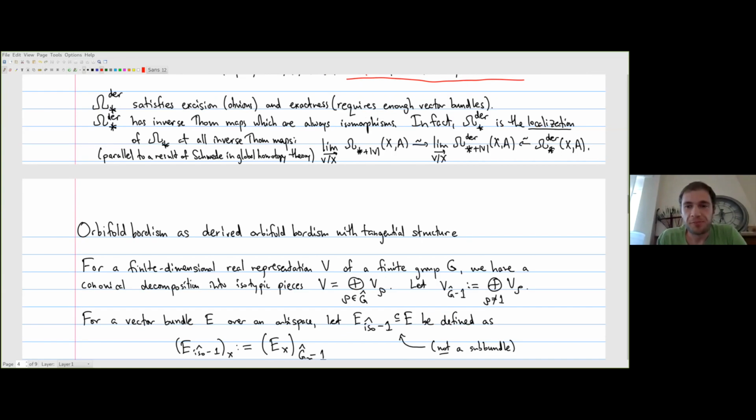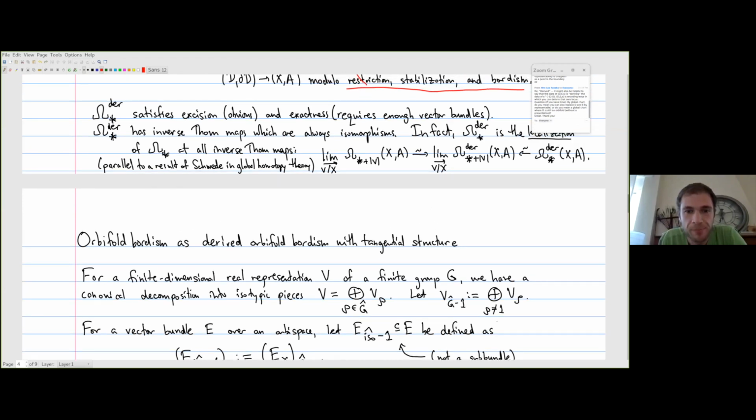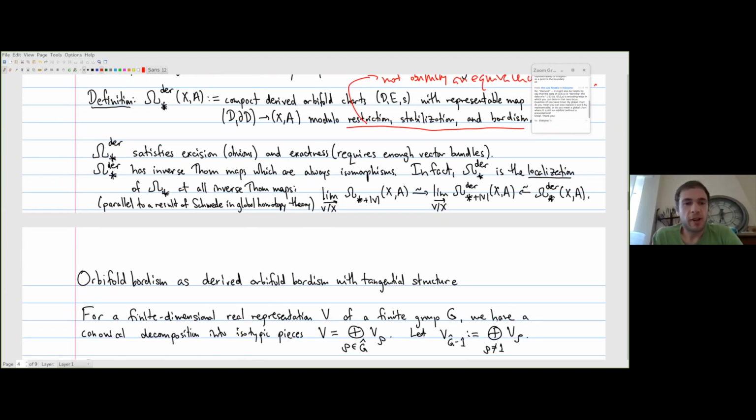Okay, now I have to get my scrolling back. For a finite dimensional real representation of a finite group, we have a canonical direct sum decomposition into pieces indexed by the irreducible representations of your group. G hat is the set of irreducible representations. In particular, I'm interested in the subspace where we take all the non-trivial irreducible representations.